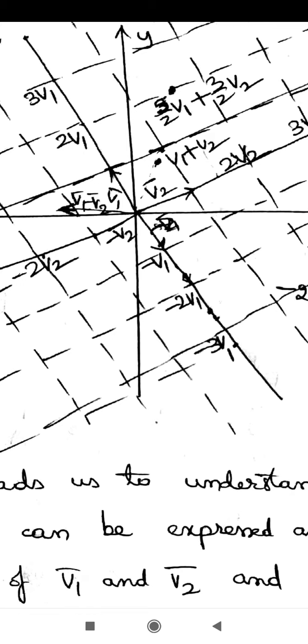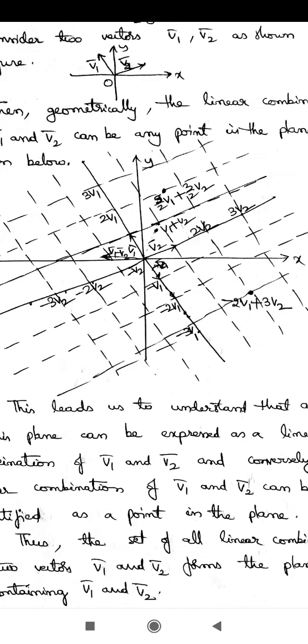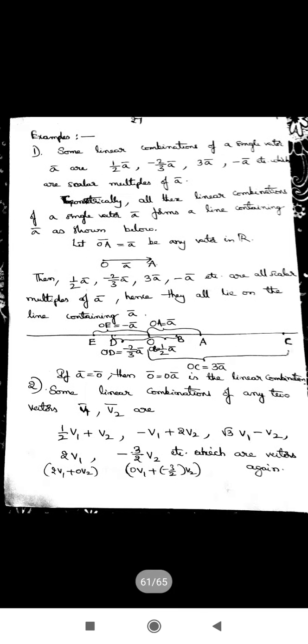So in that way we can see all these linear combinations in this diagram.